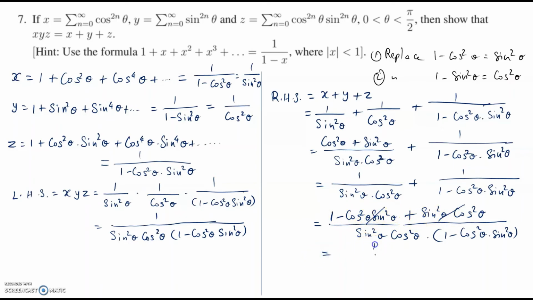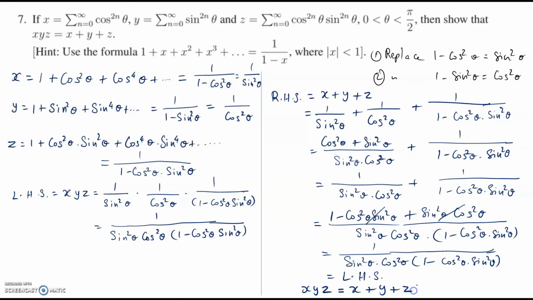So that is equal to 1 over sin²θ cos²θ into (1 - cos²θ) into sin²θ, which is equal to your LHS. Therefore, the proof that xyz is equal to x + y + z. You can say hence.